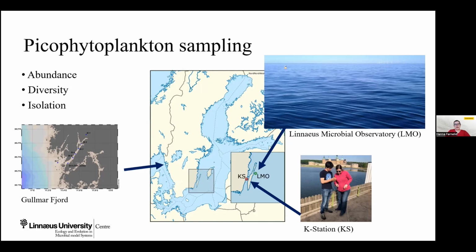So we have conducted a study in the Gullmar Fjord on the west coast. We have also had a coastal and an offshore sampling station here close to Kalmar, with the coastal station, as you see in the picture, located just across from the Kalmar Castle.